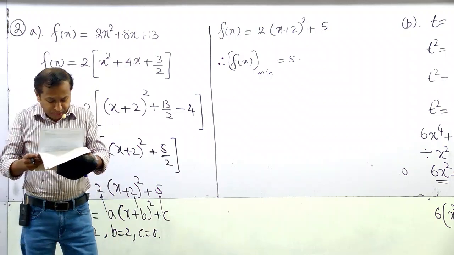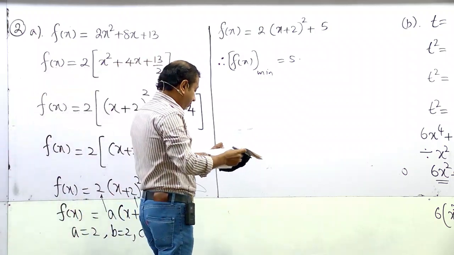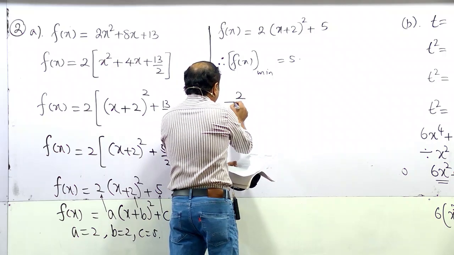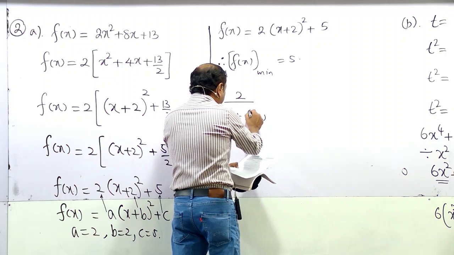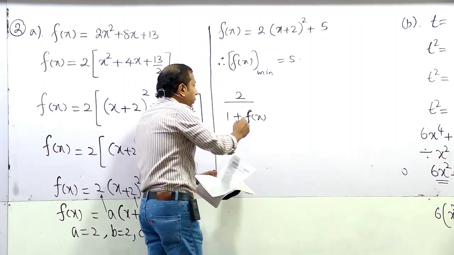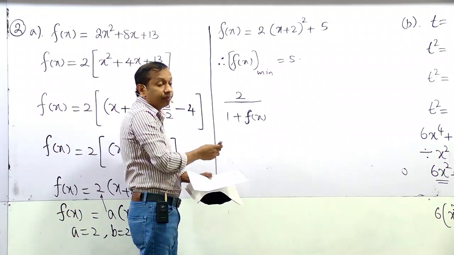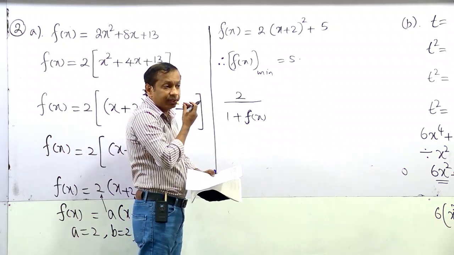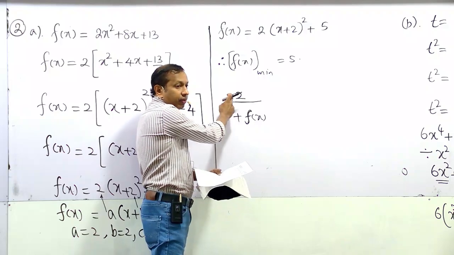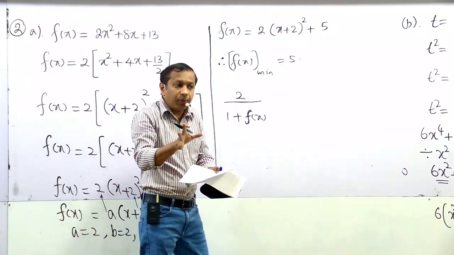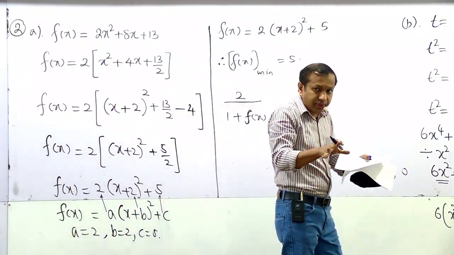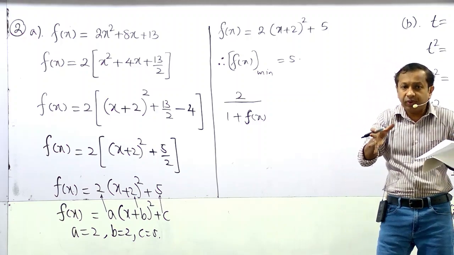Deduce that maximum value of this. Maximum value of this. Yes, 2 divided by 1 plus f(x). Right. You know, here the numerator, this is a fraction. A numerator constant. You know, of a fraction, the answer to be greater.